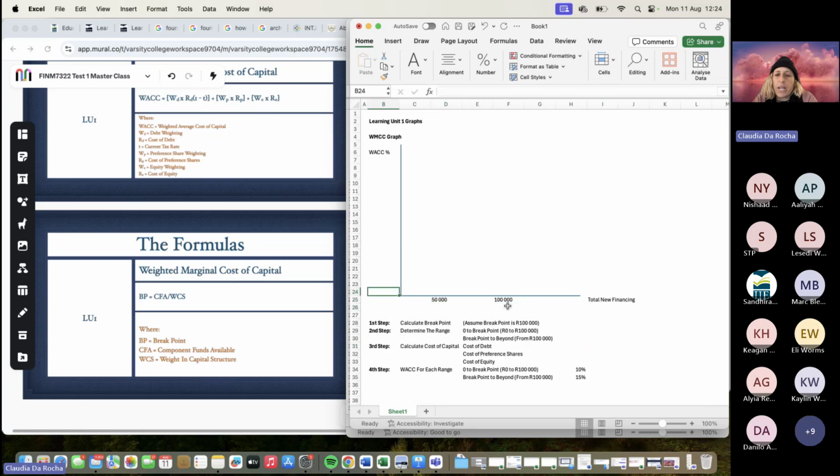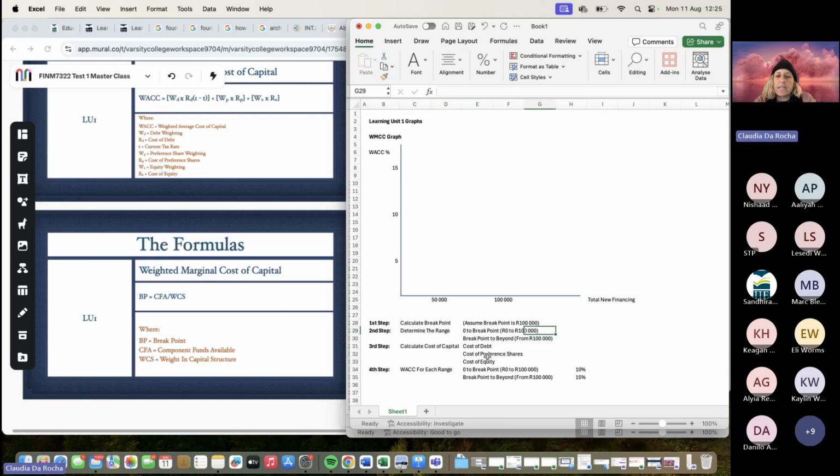And then here I'm going to break it up into maybe 5, 10, 15, 20. Let's say we've done it like that. Or maybe even I'll do it a bit higher so it's not so squashed. Okay. So how do I plot the graph?